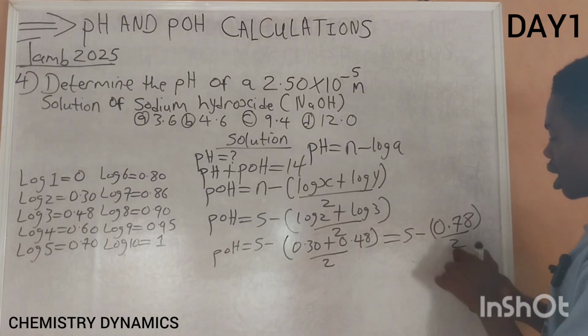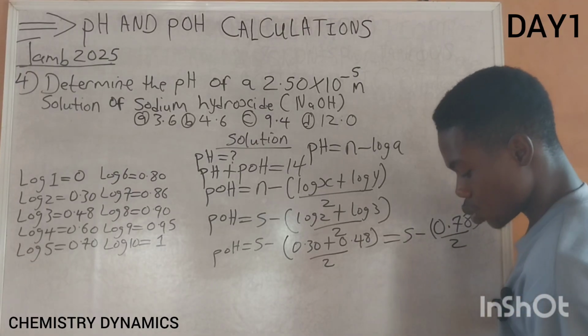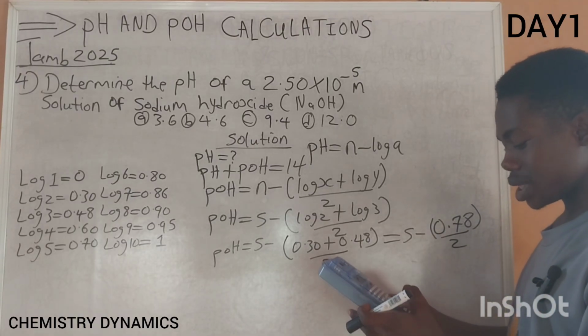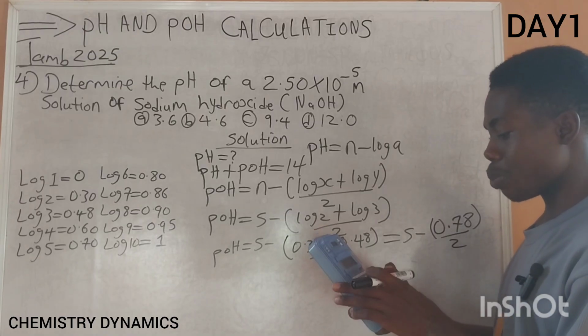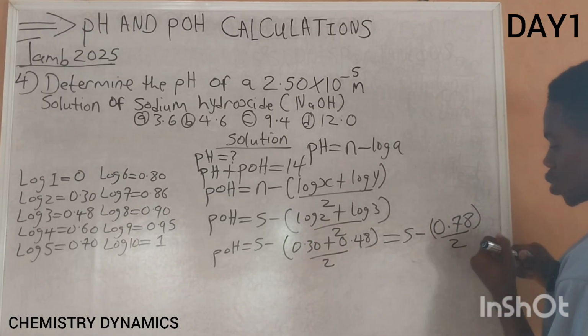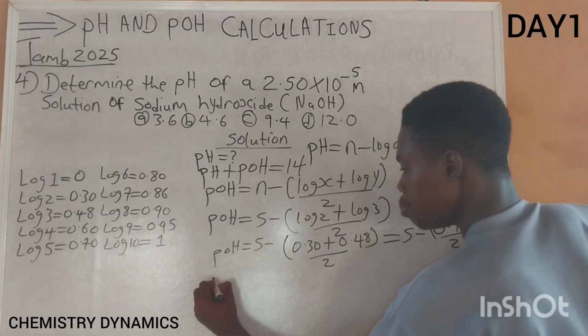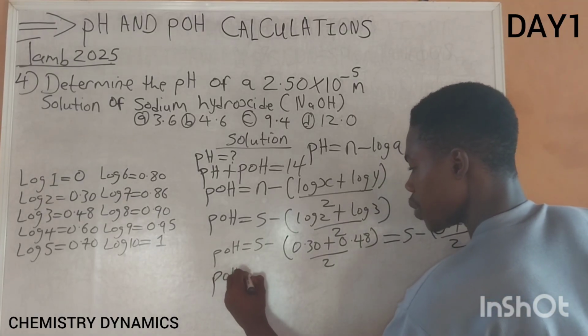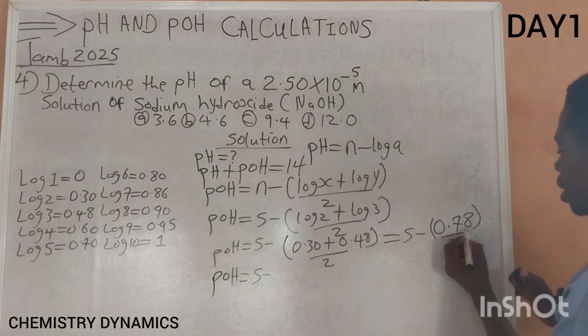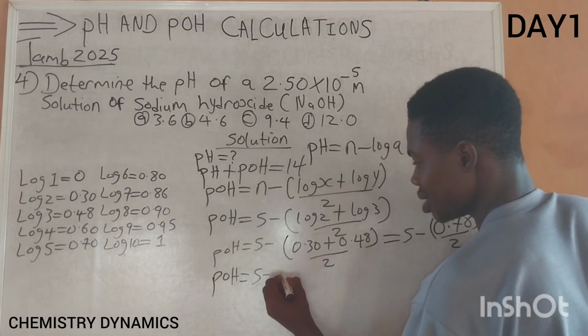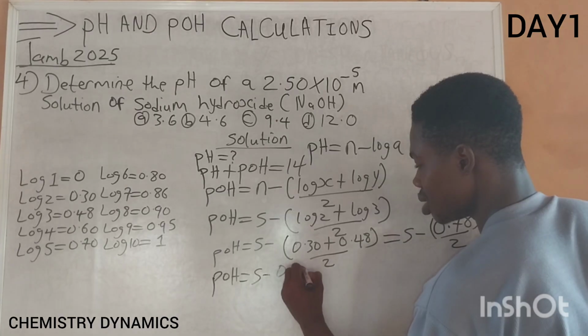Now what I'm going to do is divide 0.78 by 2. 0.78 divided by 2 equals 0.39. So pOH equals 5 minus 0.78 divided by 2, and we got 0.39.